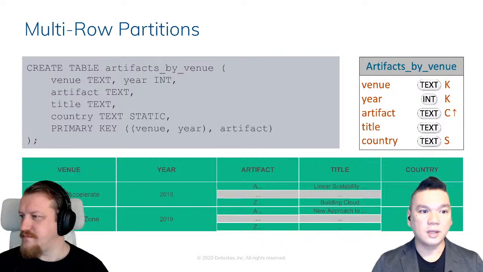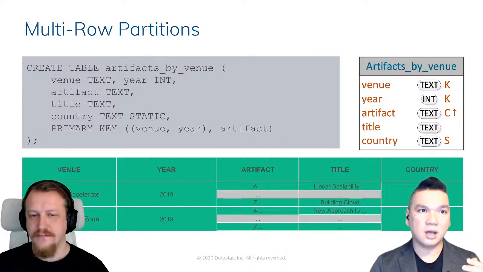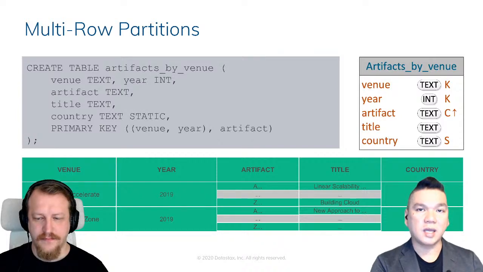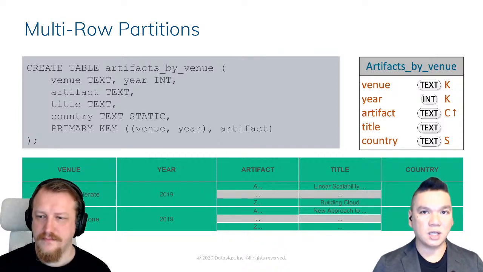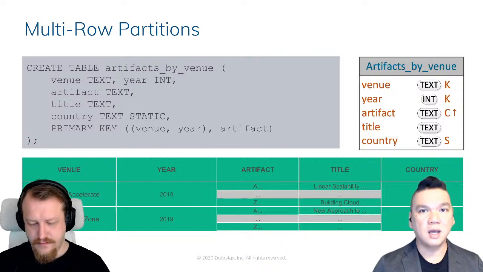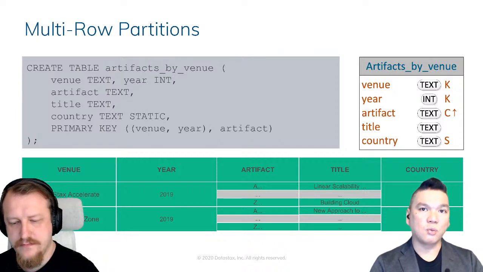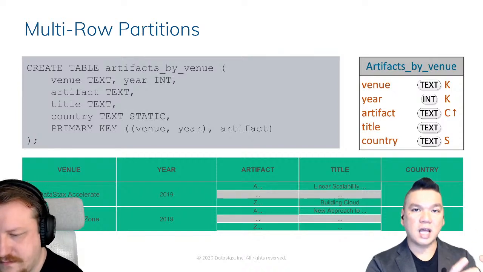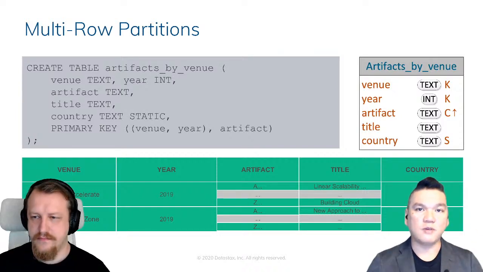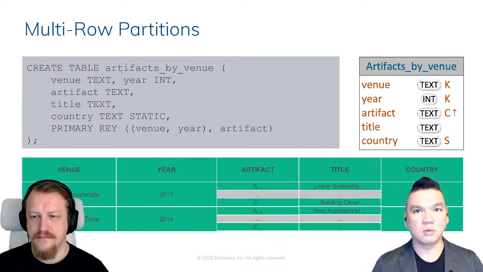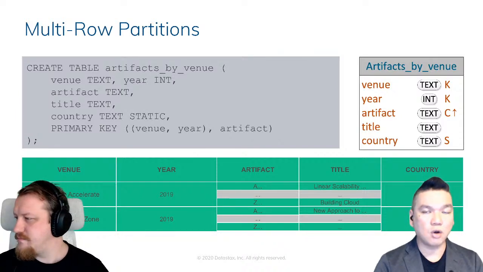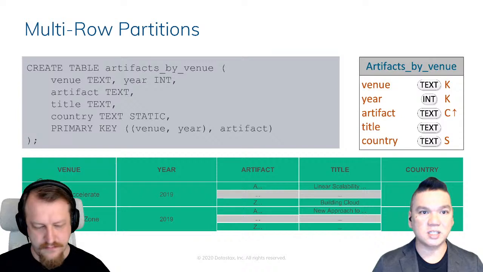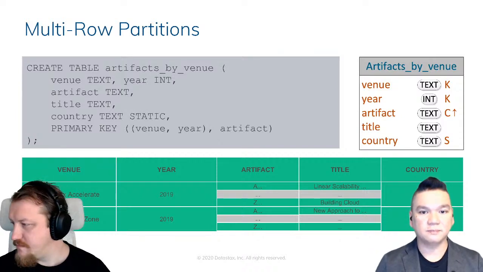So each partition can have multiple rows if you have lots of clustering keys, like if it's a compound primary key. And so when it says one of the columns is static, for all the rows within that particular partition, all the values are the same across all the rows. If you can have one row, you can have 1,000 rows. The value for the country will always be the same because you've set it as static.